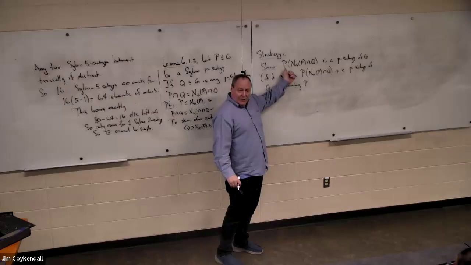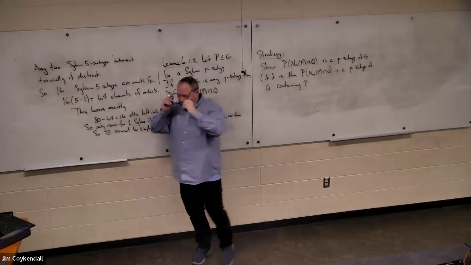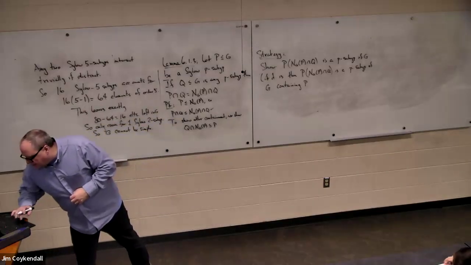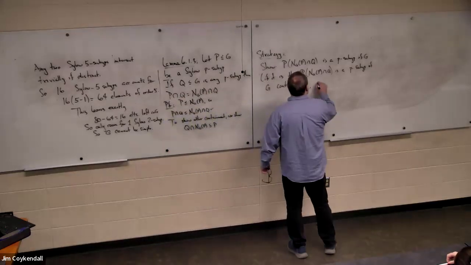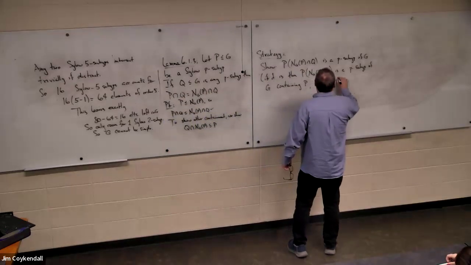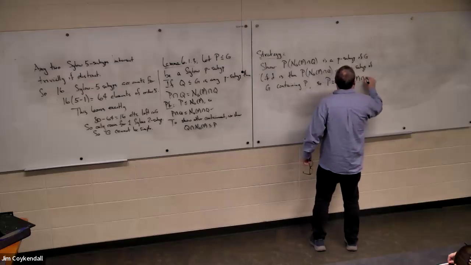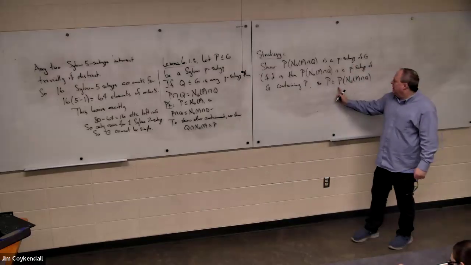Notice that if it is, it certainly contains P, right? Because P is a piece of this. And so if this is a p-subgroup that contains P, that means that this product is equal to P. Why do we have this equality?